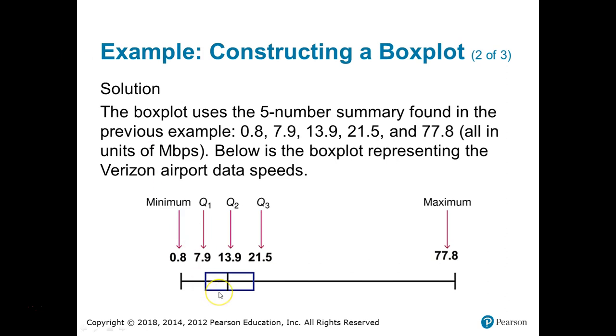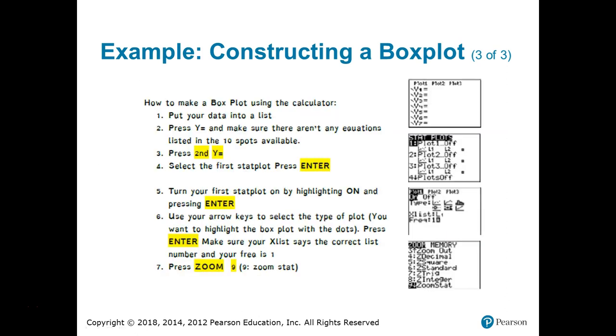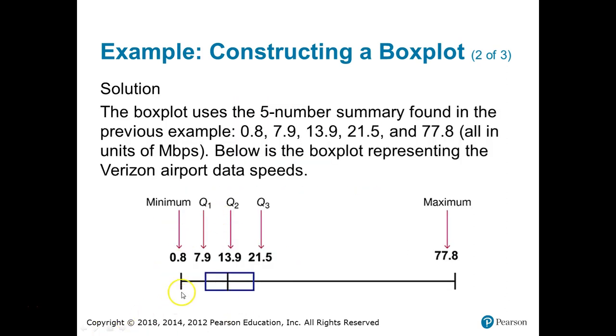Now we already know what we're looking at. The minimum is 0.8, Q1 is 7.9, Q2 is 13.9, and Q3 is 21.5. Now we can say a few things about it. These sections are all relatively even in length, but this one is huge.